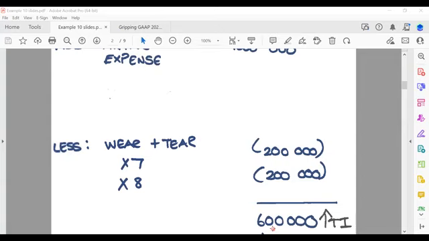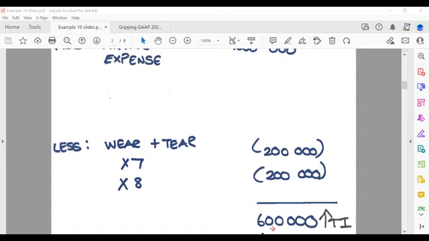And how much is that tax that we owe more of? We were told our tax rate is 30% of 600,000. What would that be? 180,000. Well done.